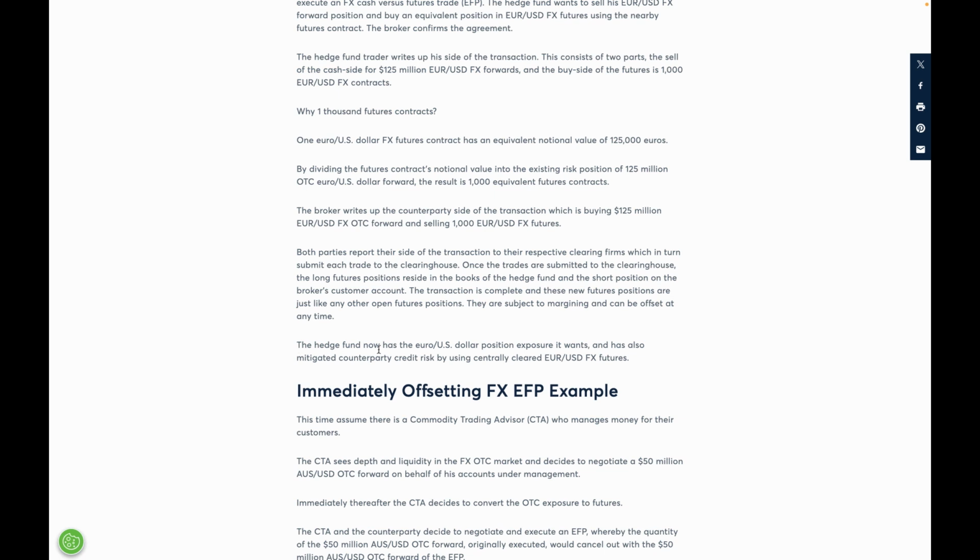The hedge fund now has the Euro USD position exposure it wants, and has also mitigated counterparty credit risk by using central clearing. Okay, so counterparty credit risk.